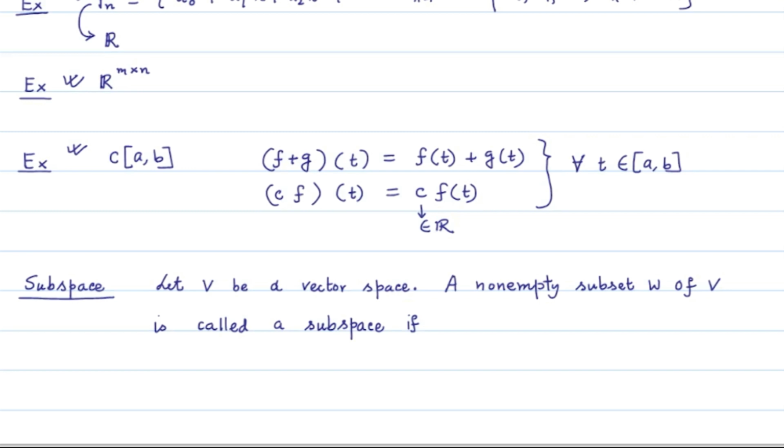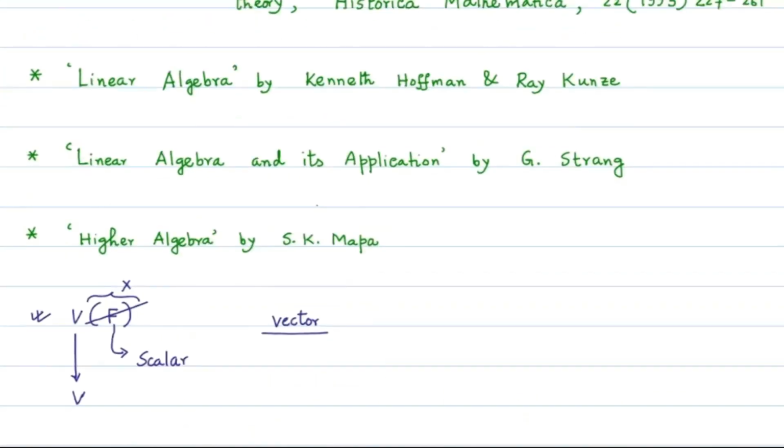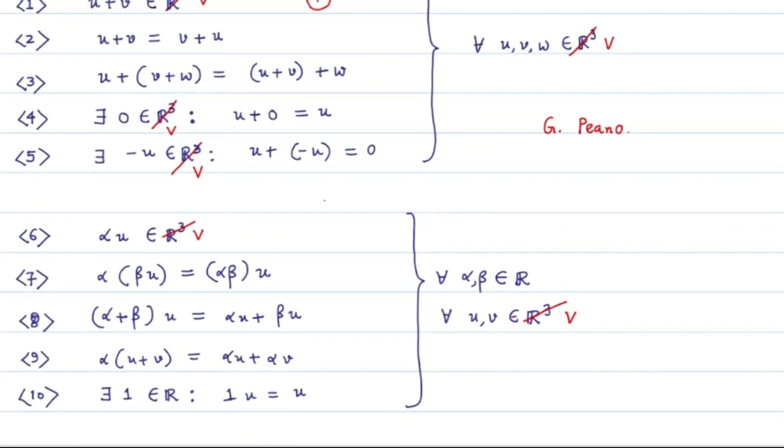That means the elements in capital W should satisfy all the 10 axioms to define a vector space.